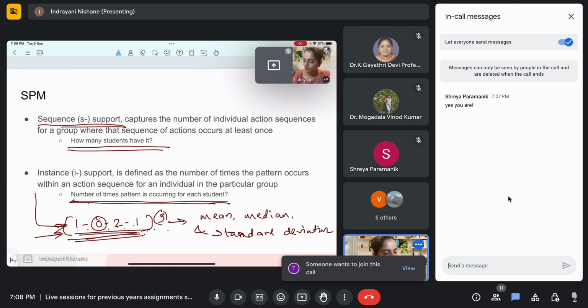So what will be the I support value? It will be 1 plus 2 is 3, plus 1 is 4, divided by 3. This will be the I support mean value for this particular pattern. And sequence support will be: it is observed for 3 students out of 4. So 3 by 4 will be S support and 4 by 3 will be I support.